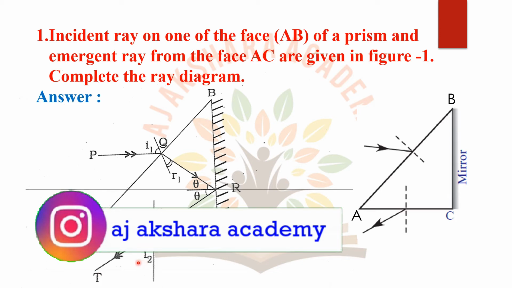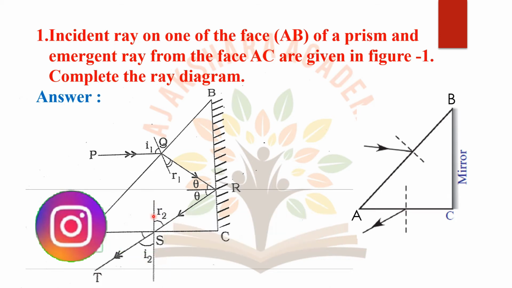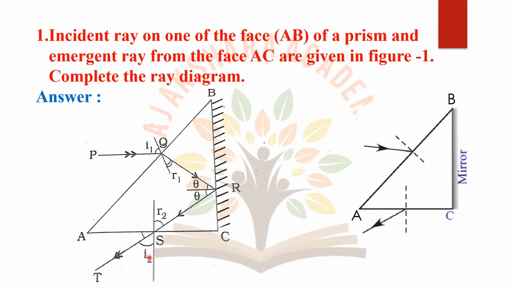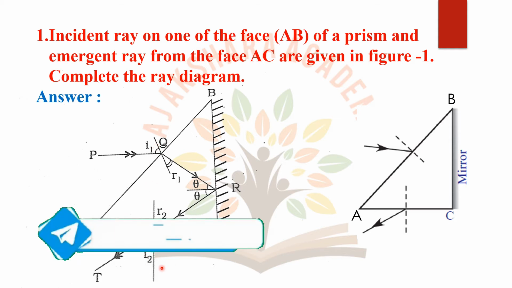So here this is the normal. Here we are drawing the normal at S, angle of emergence and angle of refraction. Here angle of emergence is nothing but I2. Theta equals theta.